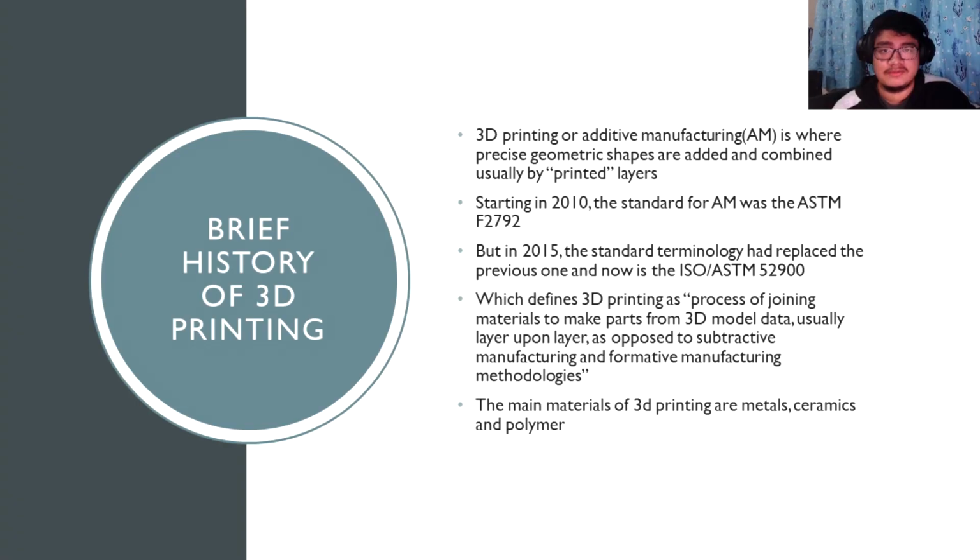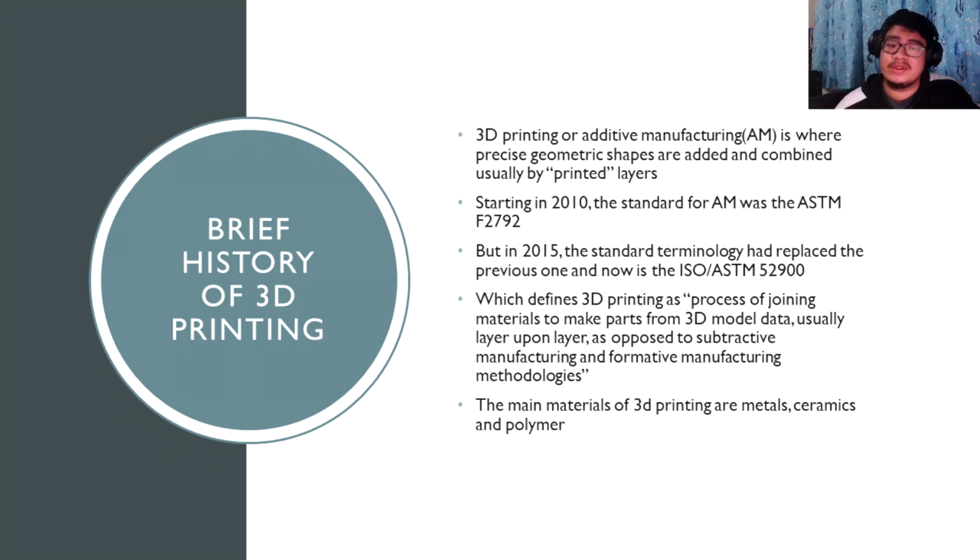Okay, for a brief history of 3D printing, 3D printing, or another name that you can call it, additive manufacturing (AM), is where precise geometric shapes are added and combined into printed layers. Starting from 2010, there was a standard for 3D printing, which was the ASTM F2792.